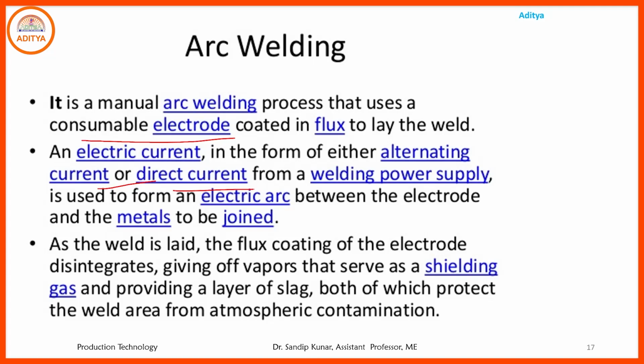Sometimes, due to the flux coating, the electrode disintegrates and gives off vapors. Due to heating and melting of the electrode, vapors are created. Those vapors create shielding on the weld surface and also help to protect it from oxide formation.